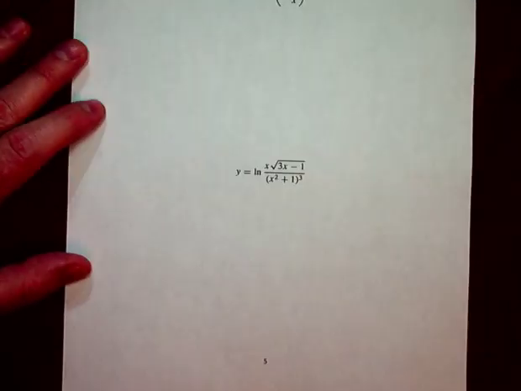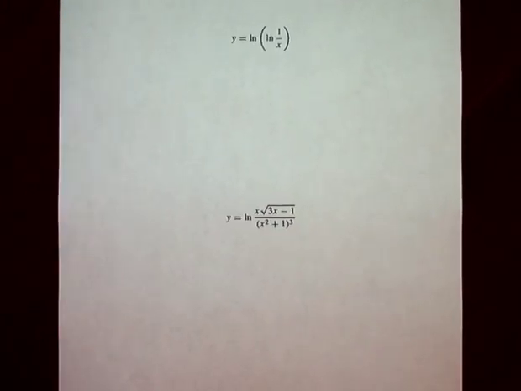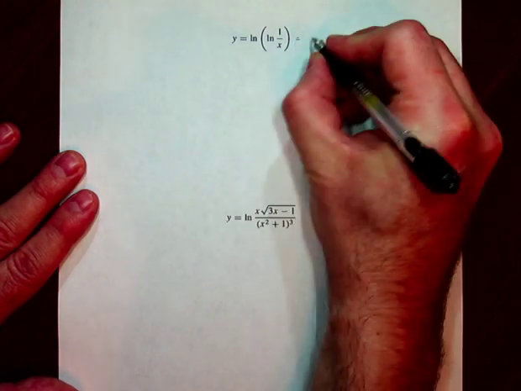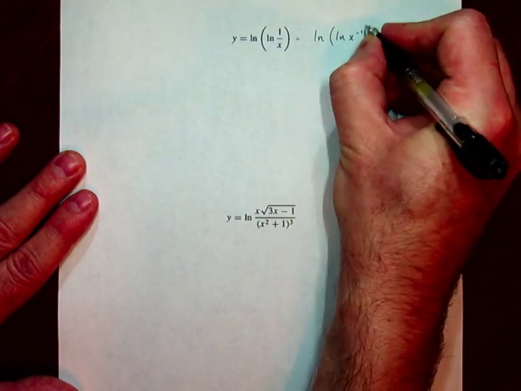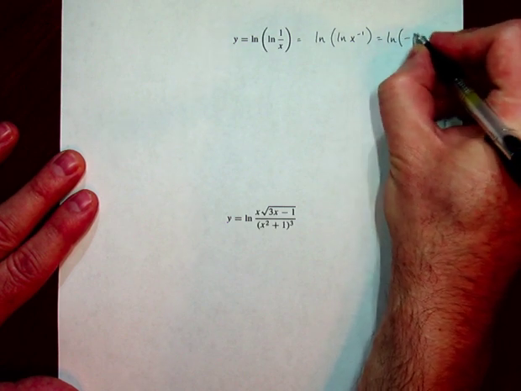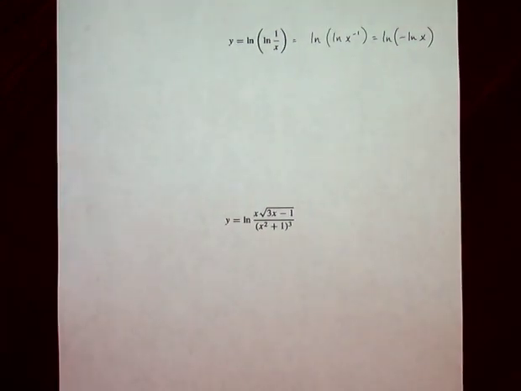Alrighty. Let's do this one. y is equal to the natural log of the natural log of 1/x. Now, 1/x, we need to remember, is going to be the natural log of x to the -1, or the natural log of the negative natural log of x. And that's fine.